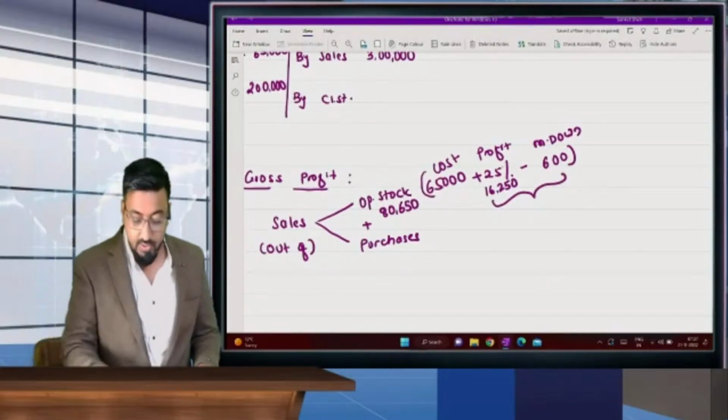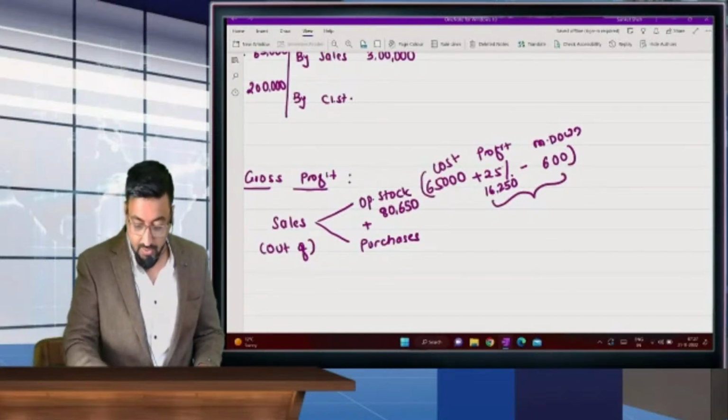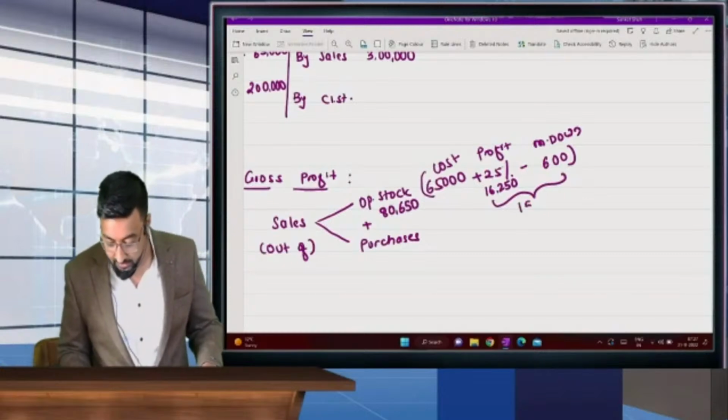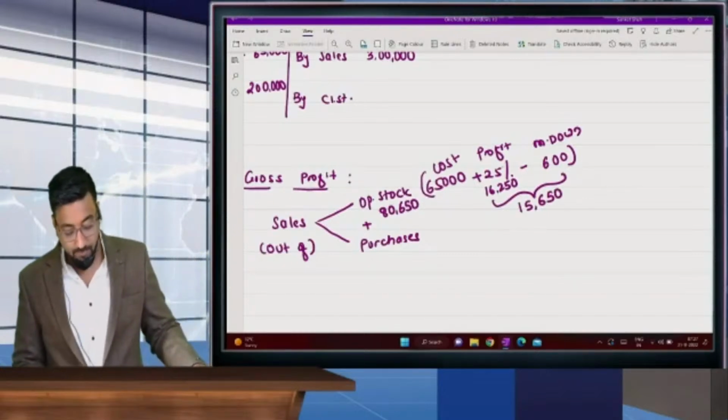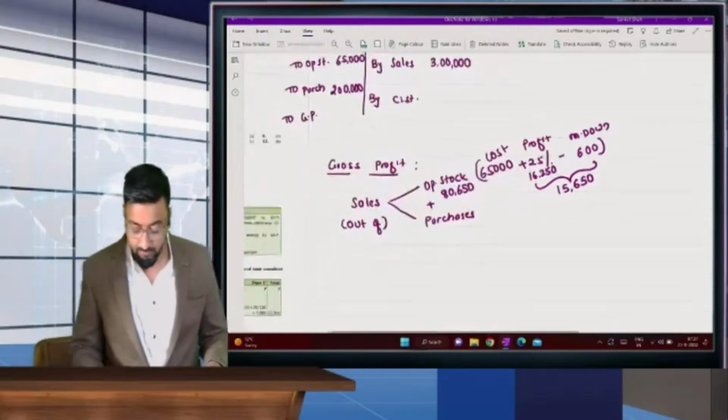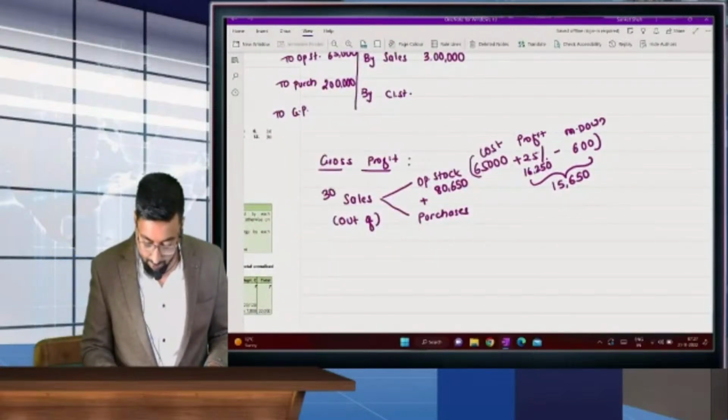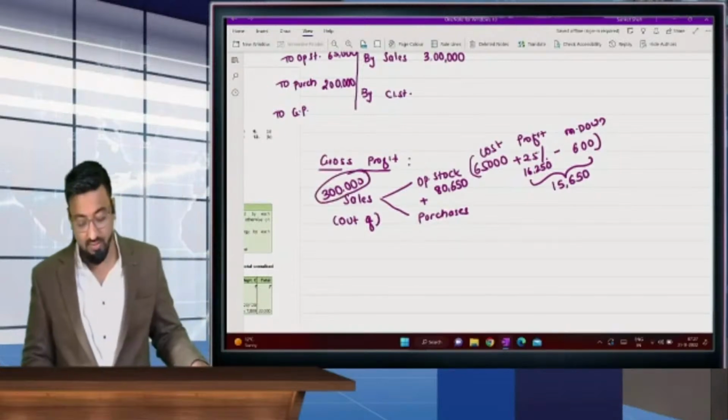Profit margin is 16,250 minus 600. So your profit in this is 15,650. What is the profit? 15,650.